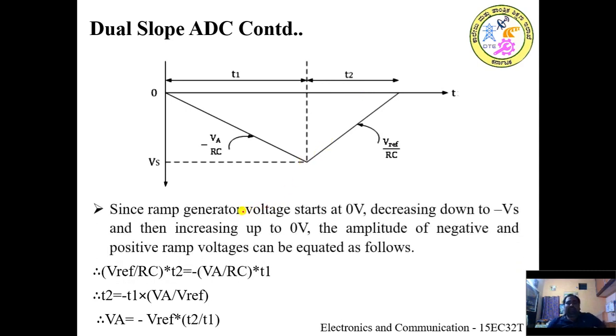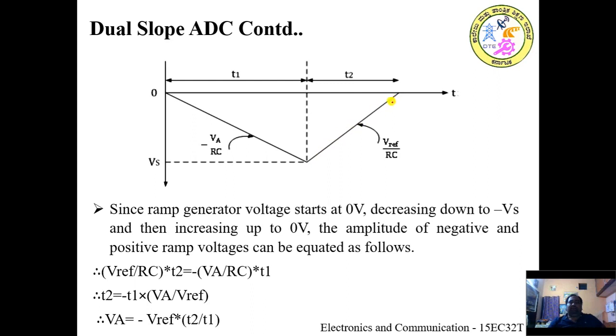Since it is a ramp generator voltage, it starts its journey from 0 volt, decreasing down to minus Vs, and then whenever the switching action occurs, or whenever the switch is positioned to the known reference voltage, again the slope increases in the positive direction and it reaches 0 volt.